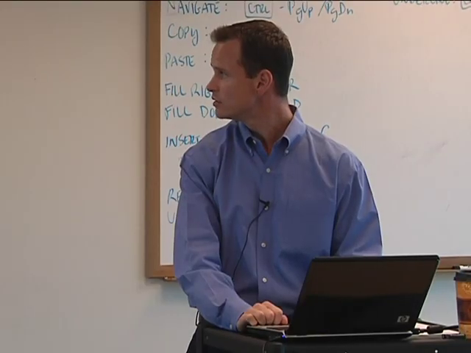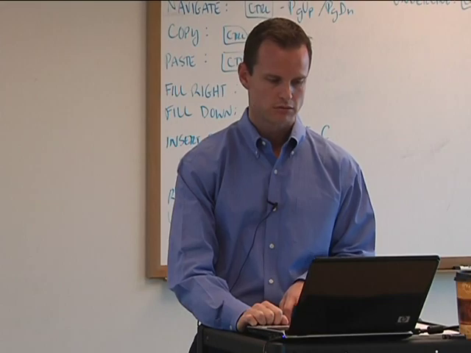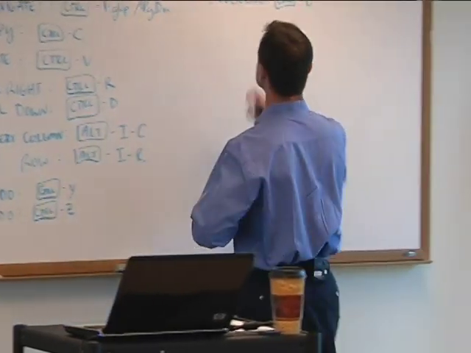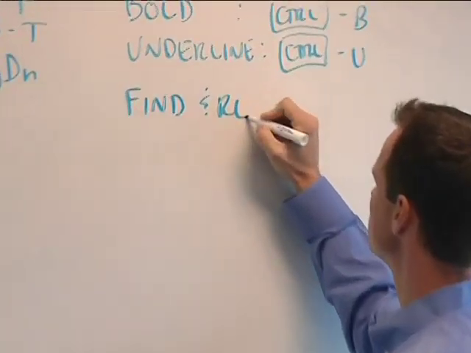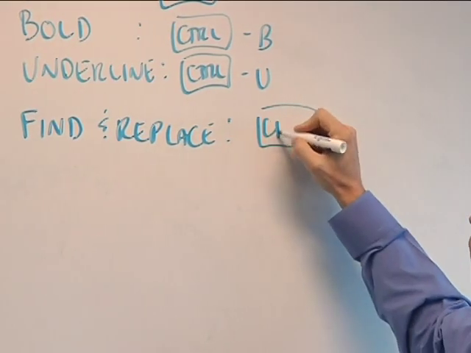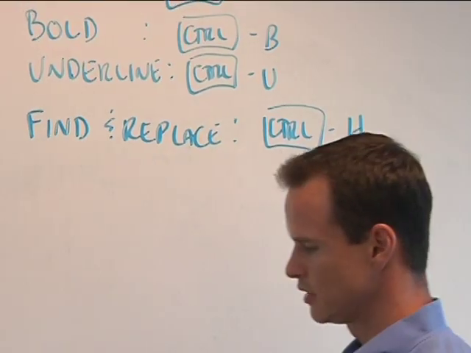Select that range. Then hold down Control and hit H. Control H is a shortcut for find and replace. I believe that shortcut will also work in Word, PowerPoint, etc. So kind of a nice shortcut to use.